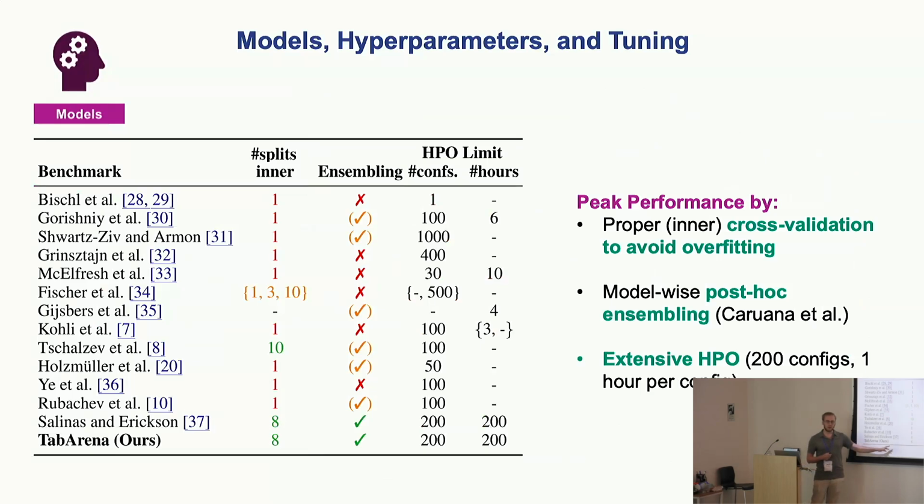We do cross-validation with bagging for the methods because this ends up getting you much stronger results in practice. I will have a slide comparing them later on. We also fit 200 configurations for each method, so 200 iterations of hyperparameter tuning, as well as up to 200 hours of compute budget per task.